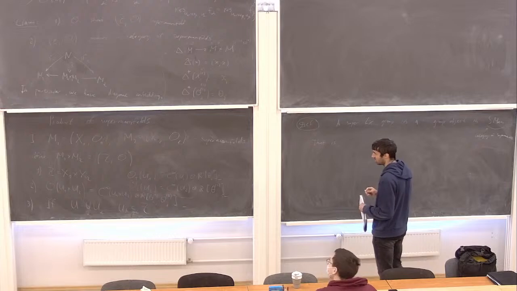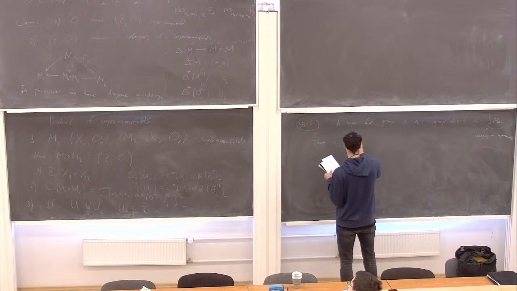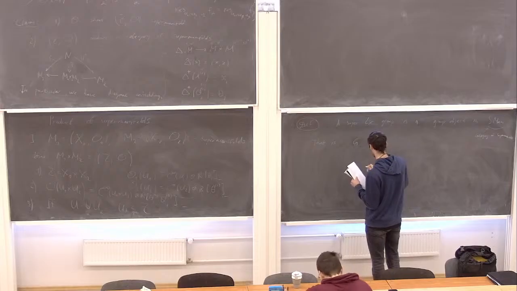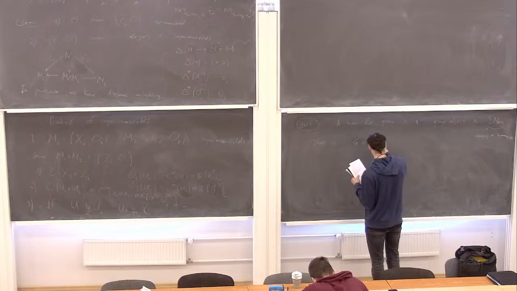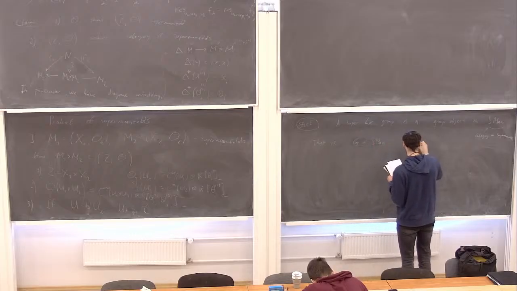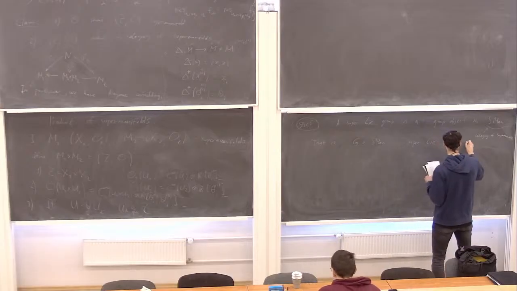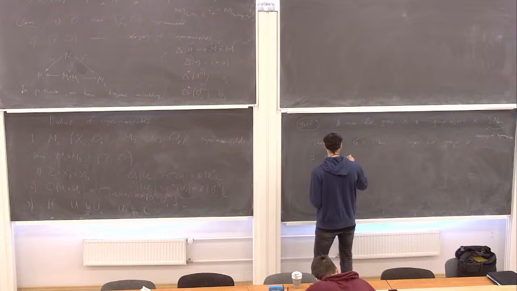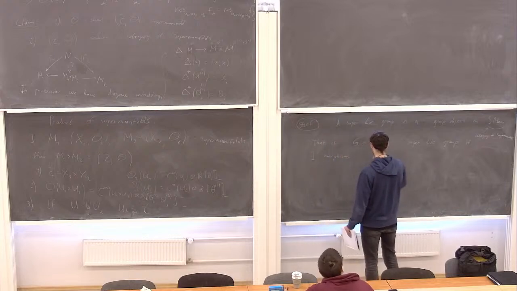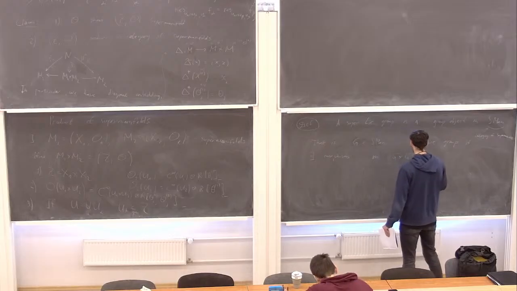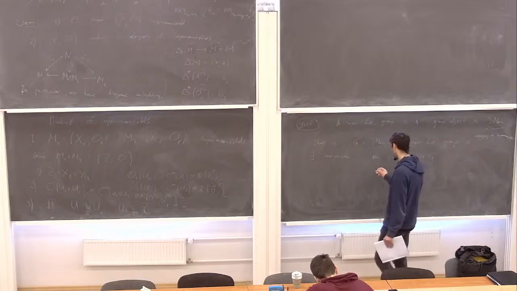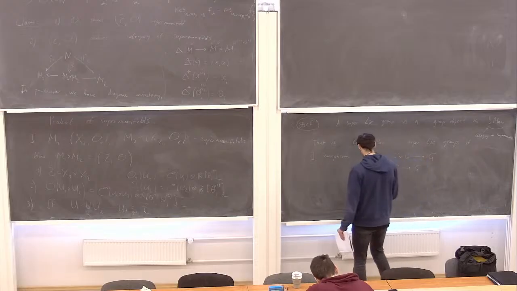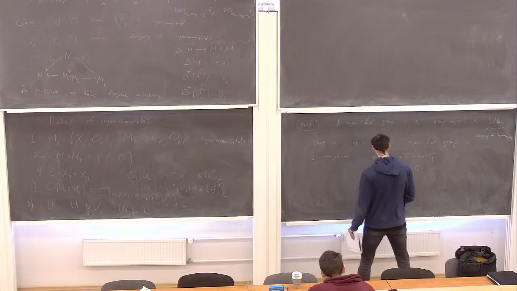So G is, first of all, a supermanifold, and this is a super Lie group if there exist morphisms, so we are given morphisms of supermanifolds: M, of course, from G times G to G, then inversion from G to G, and identity.